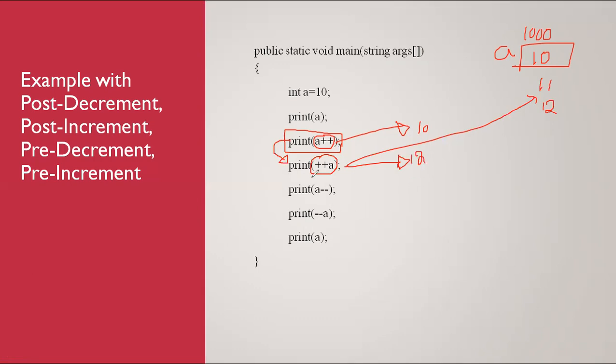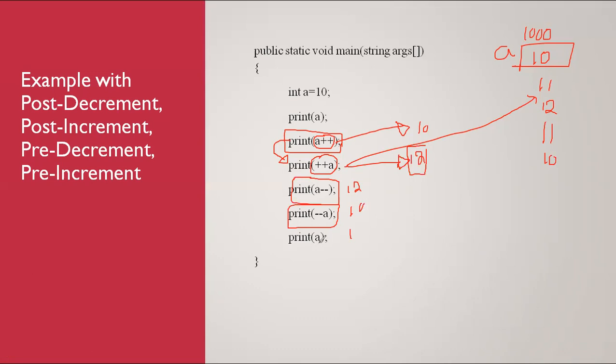Okay, and what happens with a minus minus? I said it would be post decrement, which means the a value is still 12 and it will print 12, but the decrement happens after this statement, which means the a value is 11 now. And this is pre-decrement, which means before printing this statement, the a value will get reduced by 1, that is 10, so it will print 10 here.